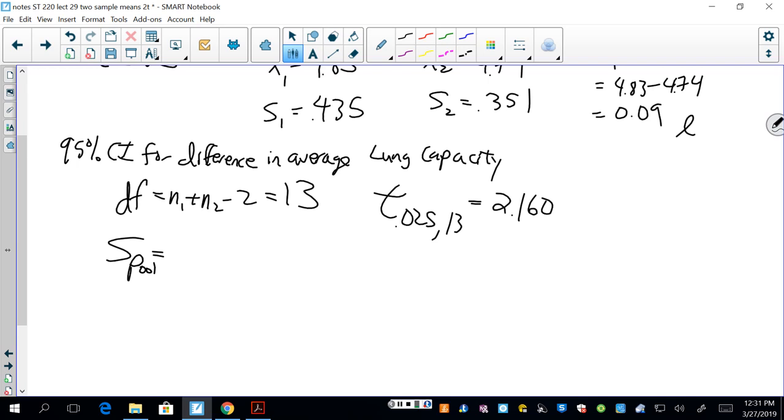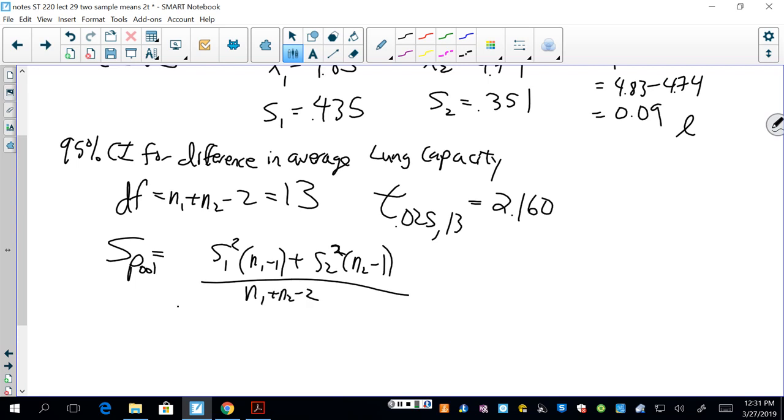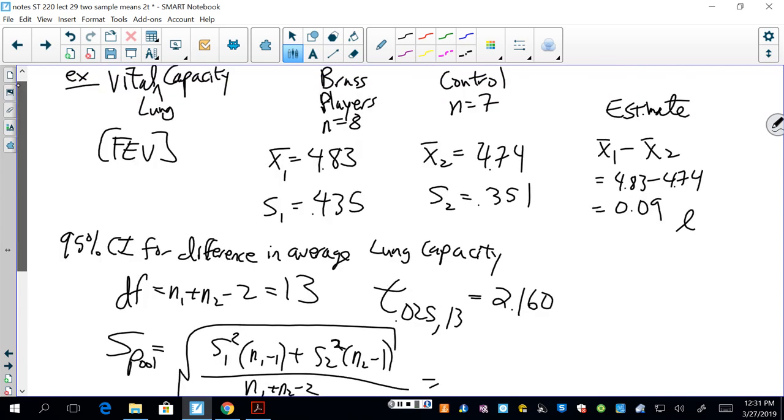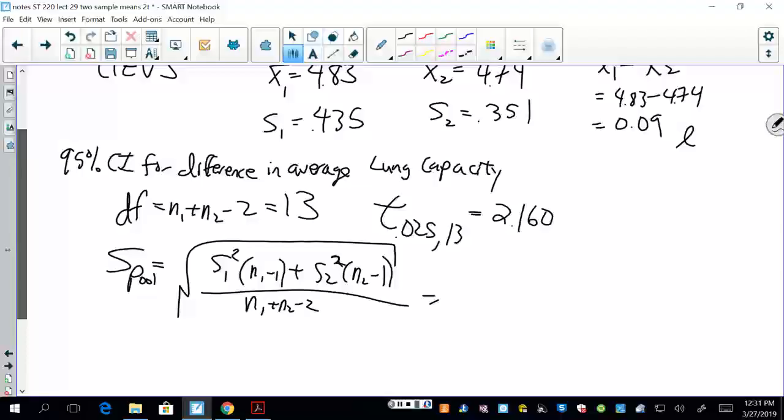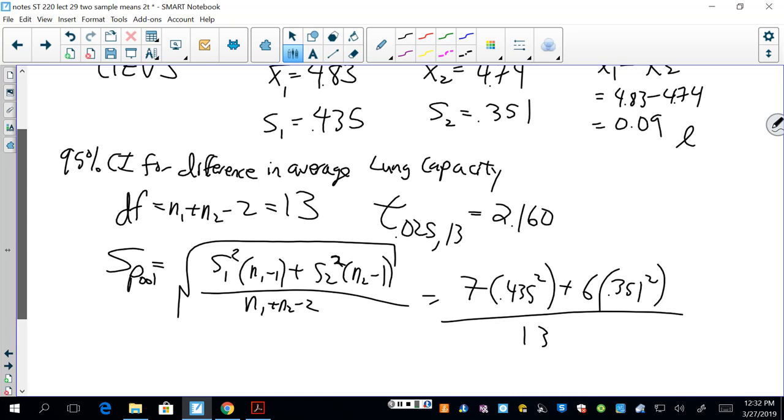And so we take S1 squared times n1 minus 1 plus S2 squared times n2 minus 1, over n1 plus n2 minus 2. So we did 7 times the 0.435 squared plus 6, because there's only 7 in that group, times 0.351 squared. And then over 13, kind of that average of things.